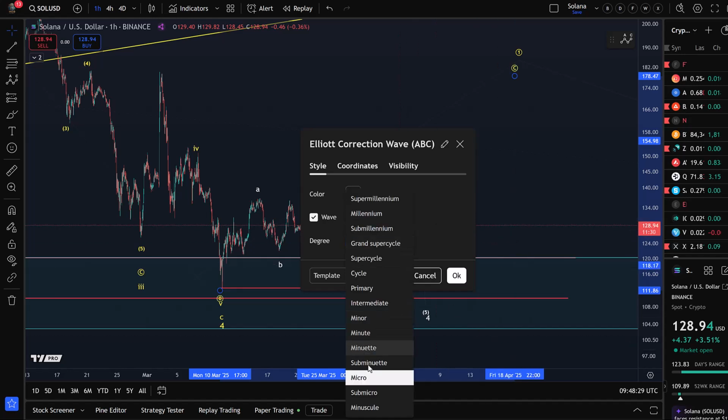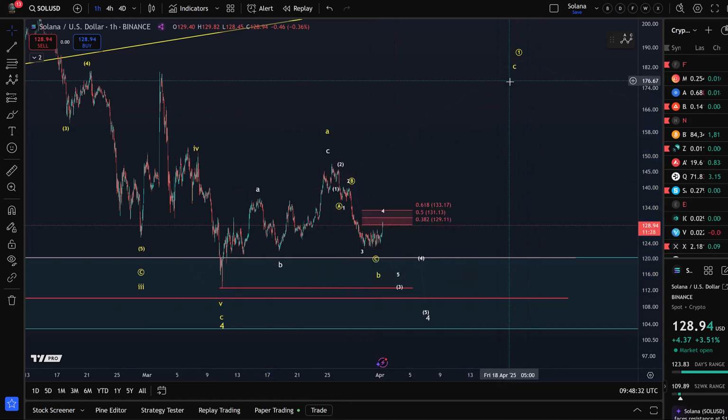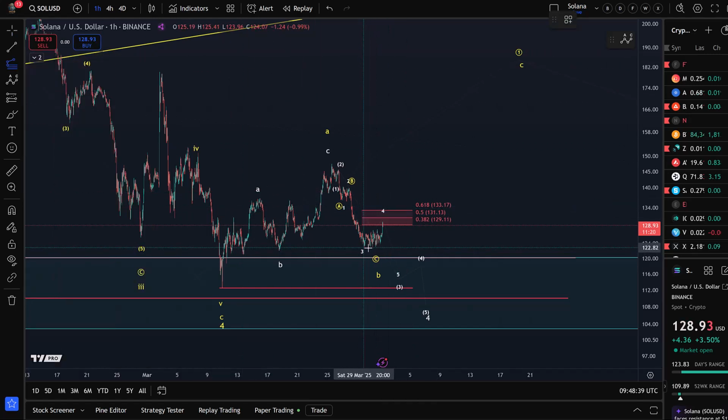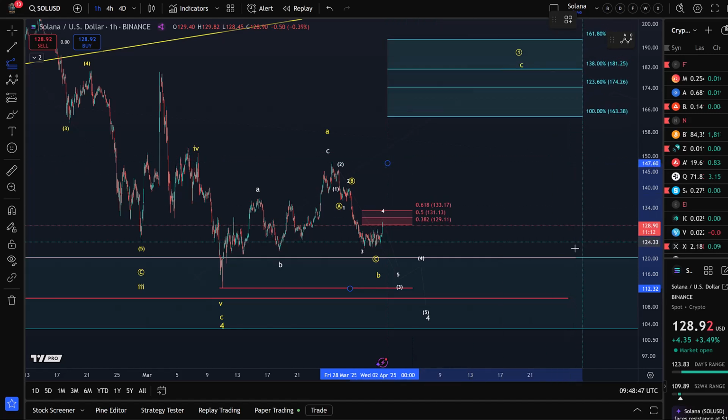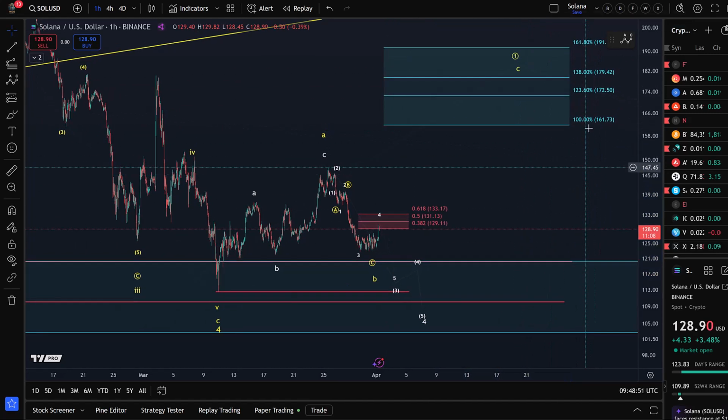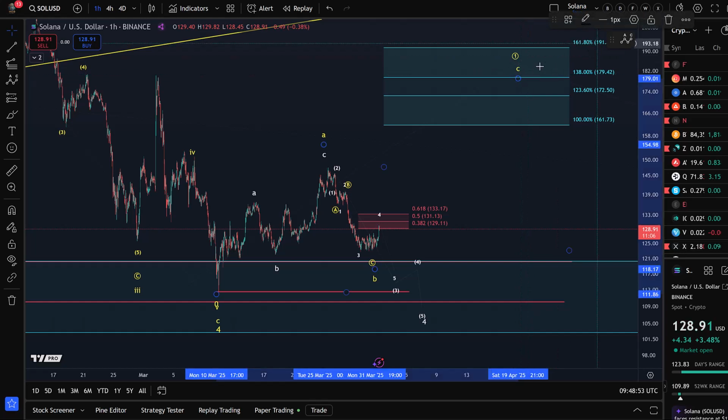So I simply want to map out the roadmap for higher prices should the price break above initial resistance. And if we've bottomed already in this yellow B wave, and that would be wave B of circle 1, then this would be the next upside range to watch between $161.70 and $191.